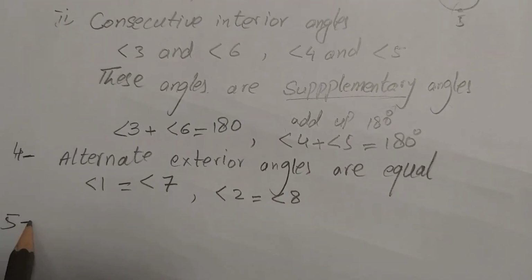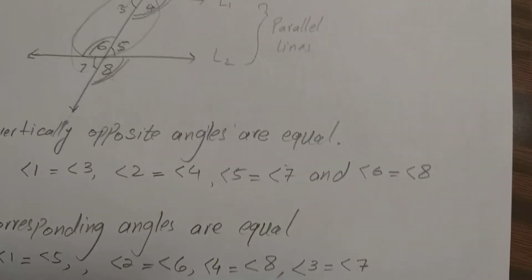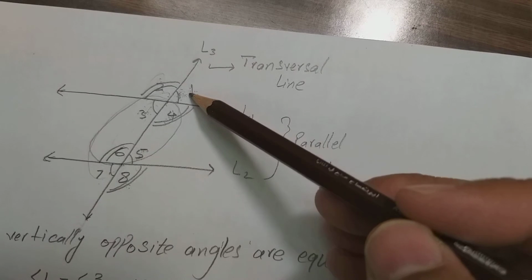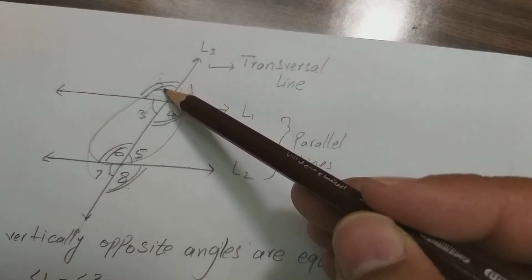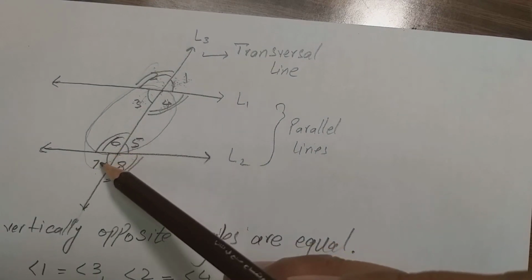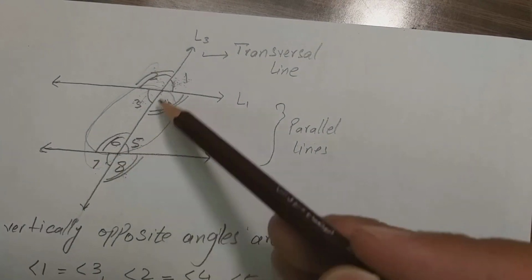Number 5, adjacent angles, or angles on a straight line add up to 180. If you observe, these are the adjacent angles: 1 adjacent to 4, 2 adjacent to 3, 6 adjacent to 7, 5 adjacent to 8.